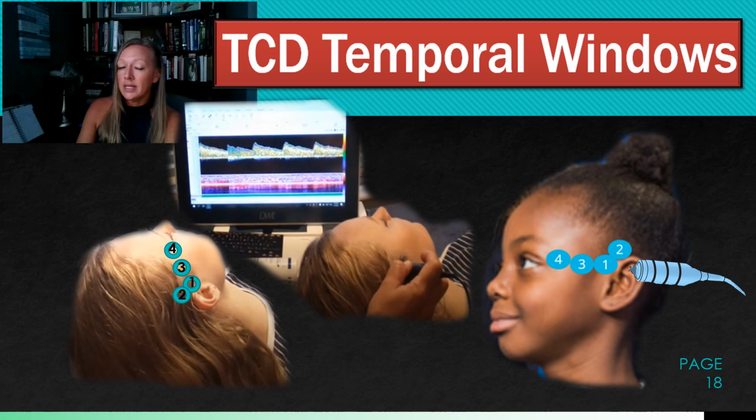Now, depending on what window you use will depend on how you angle your probe, accordingly to where your intracranial vessels lie at the base of the brain. If you have your probe at window 1 and you're angled anteriorly towards the eyebrows, sometimes you're angled a little bit superiorly, sometimes more anteriorly. You're following your MCA. When you're angled anteriorly and you have your MCA, what you'll do is center your probe to obtain your MCA-ACA bifurcation.